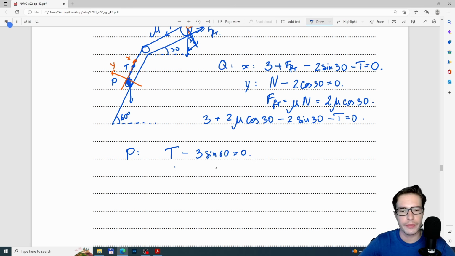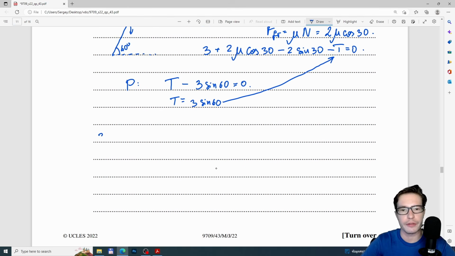That equals 0, and from here we can find T and substitute it into the previous equation. And we'll get 3 plus 2 mu cosine 30 minus 2 sine 30 minus 3 sine 60 equals 0, and from here we can find mu.